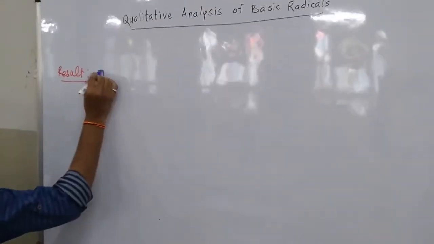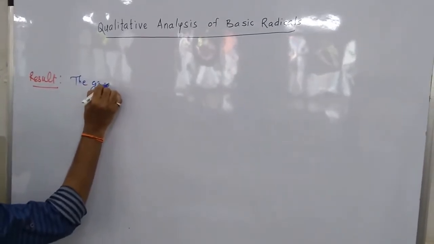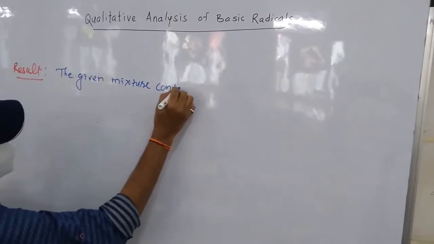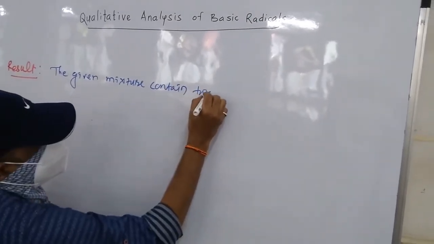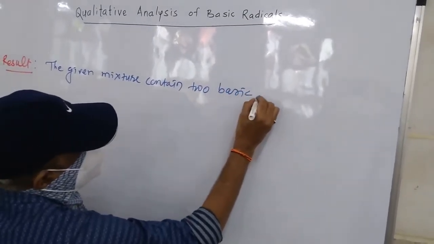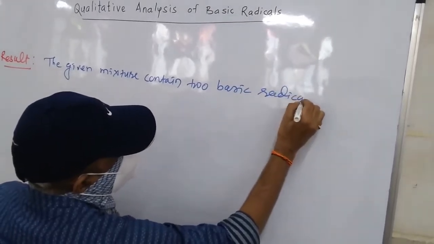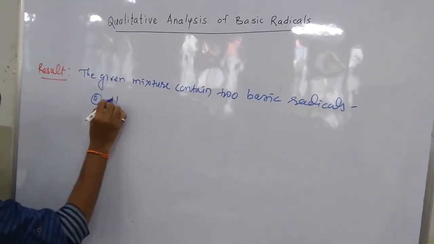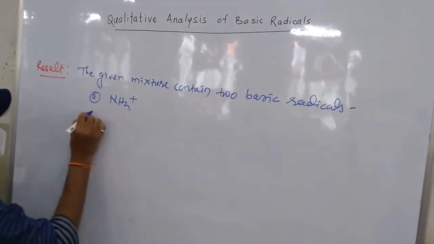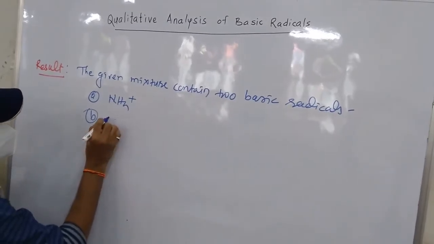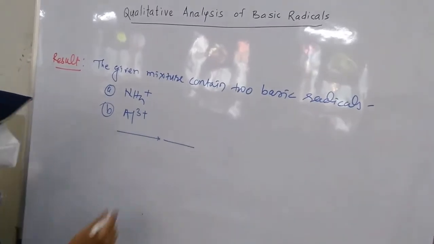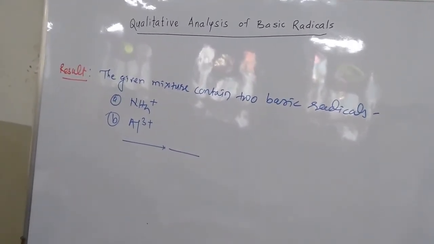The result is like this: the given mixture contains two basic radicals, A, that is NH4 plus, and B, that is Al3 plus. This is the result which has separate weightage in the practical work. Okay, thank you.